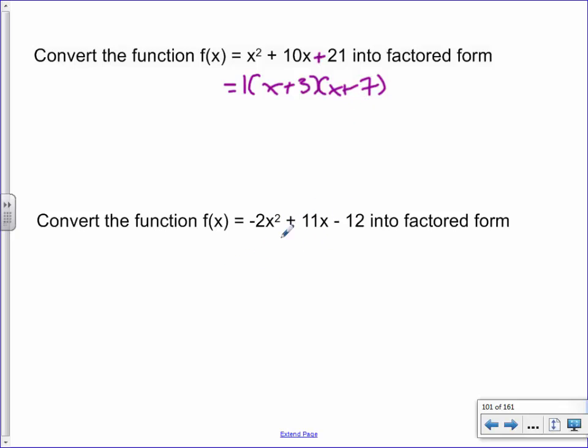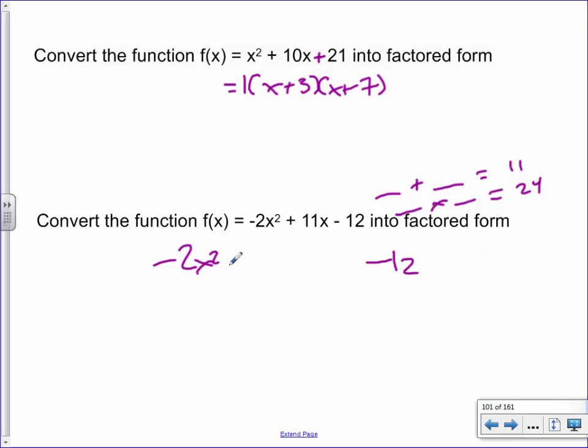What about this one here? How do we factor one like this? Yeah, so we need to find something that adds to give 11 but multiplies to give first and last, which is 24. Any ideas?